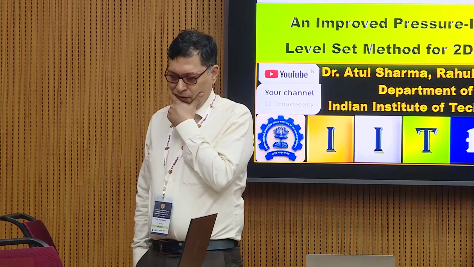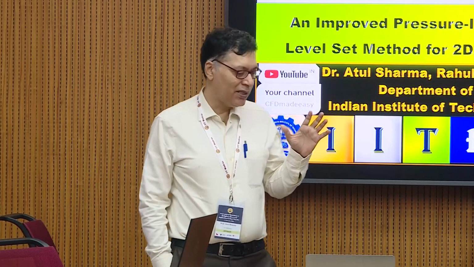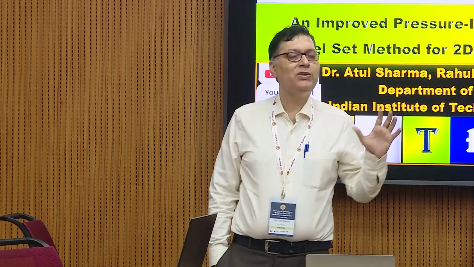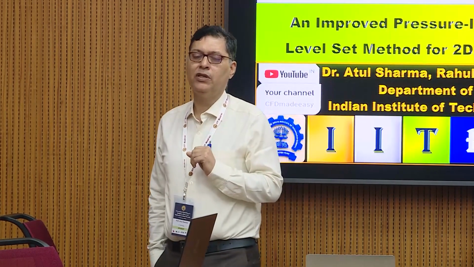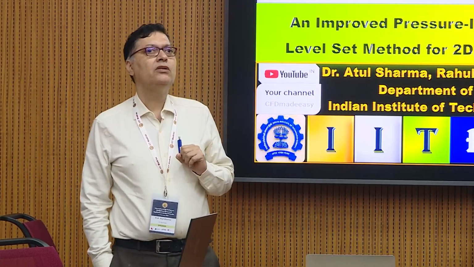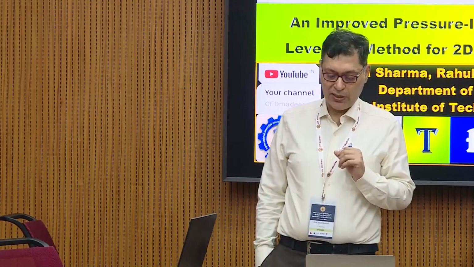So existing diffuse interface method uses force due to surface tension as a volumetric force. Sharp interface level set method uses it as a surface force. And realistically, it's a surface force.